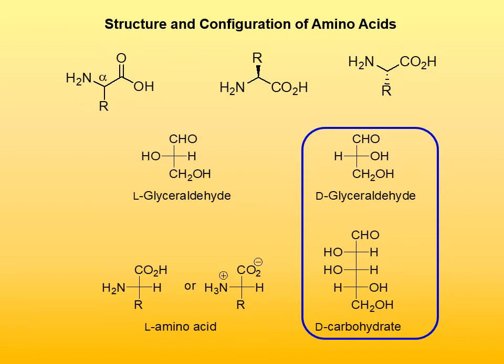So you can see in the case of D-glyceraldehyde, the hydroxyl group points to the right. In the case of carbohydrates, you can see in the Fischer projection, the very bottom carbon is a primary alcohol, CH2OH, and the carbon attached to it is the one that determines whether the carbohydrate is D or L. So if the hydroxyl group is on the right, that's a D carbohydrate.